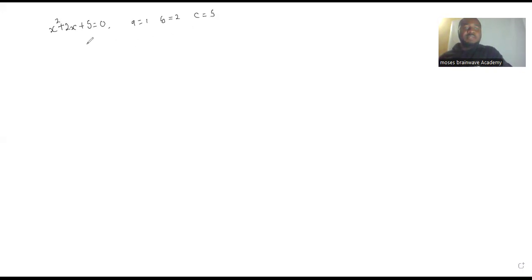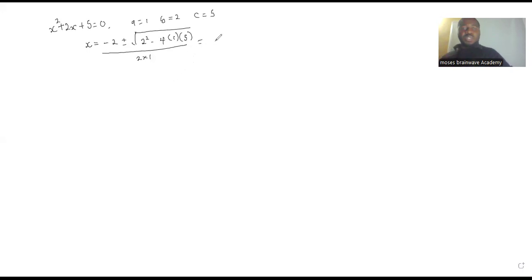Remember, applying our formula, x will be equal to minus b plus or minus the square root of b squared minus 4ac, then upon 2a.